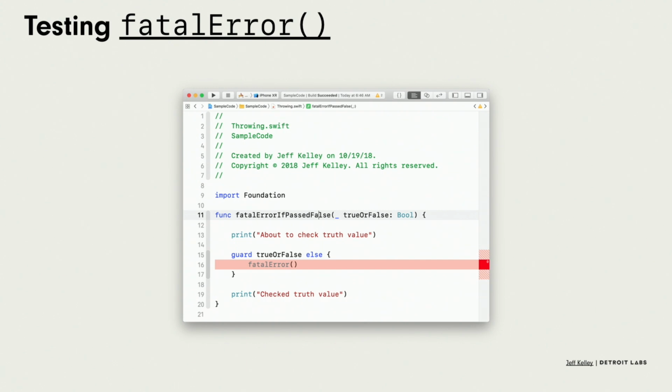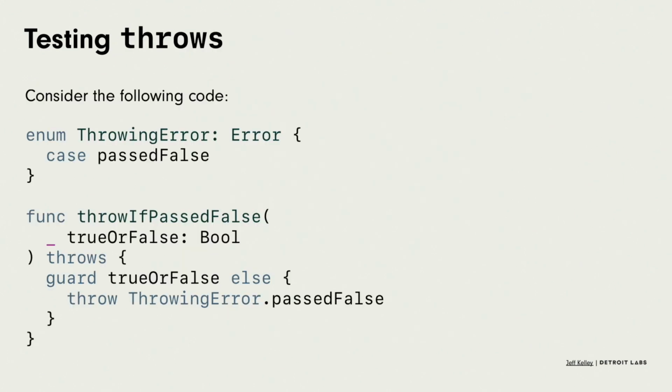So we're stuck. And more than anything, aside from wanting to hit some arbitrary number, I just want to make sure that my app works the way I think it does. So I want that red box to be gone. Now, for throws, it's pretty easy to test, right? So here's a dumb method called throwIfPassedFalse. If you call it and you pass false, it will throw an error called passedFalse.